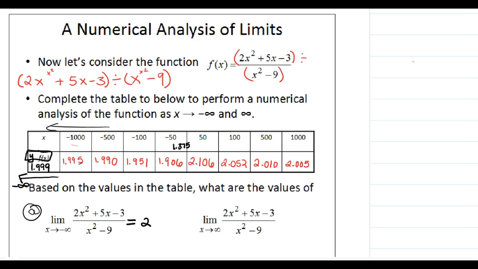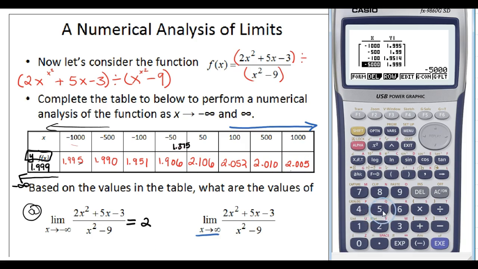Now this second function asks me, what about as I approach positive infinity? Well, positive infinity means heading off to the right. As I head off to the right, I look at my values. I start with 2.106, 2.052, that's a little lower, 2.01, that's getting pretty close to 2, 2.05 is very close to 2.